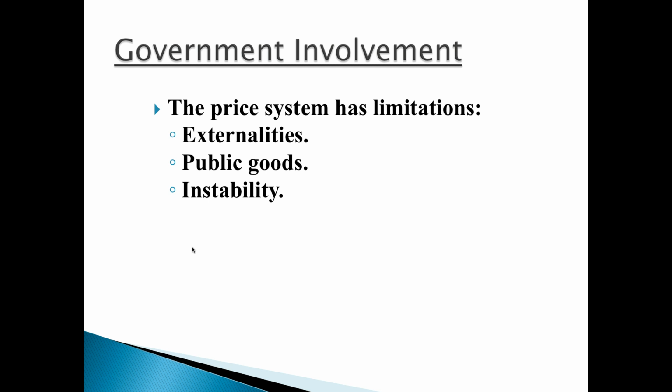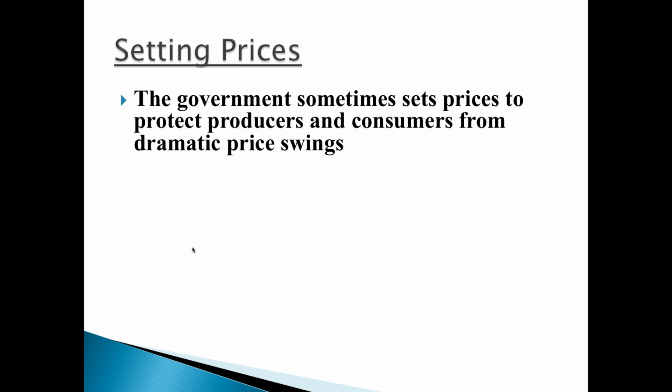We talked about police and fire as a couple examples of those, and instability is another example of a limitation of the price system. So to address these limitations, the government sometimes gets involved in the marketplace, and many times to do this, they'll try and set prices.